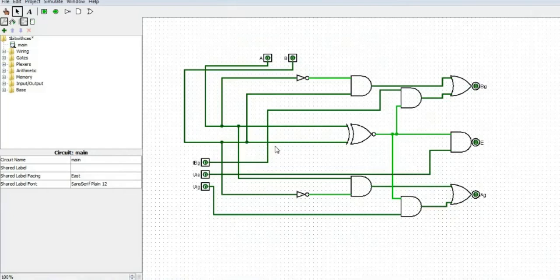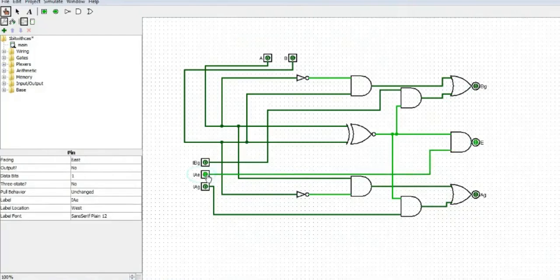So let's see the operation. Initially we have A equal to B, 0 and 0. We'll select the poke tool. So A equal to 0, B equal to 0, but we do not attain the output A equal to B. To attain the output A equal to B, we have to give the A equal to B cascading input pin a 1.